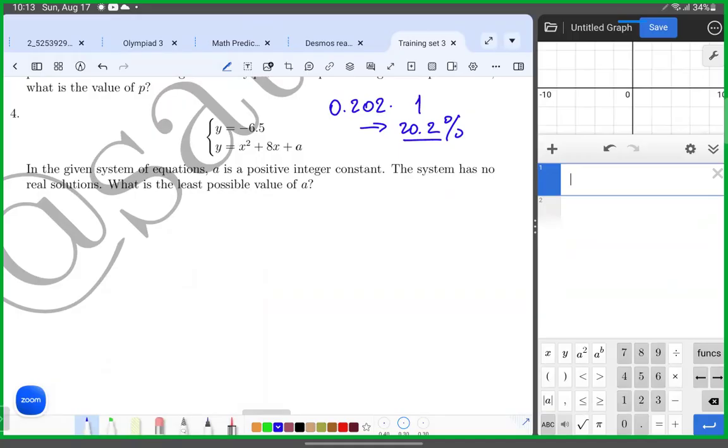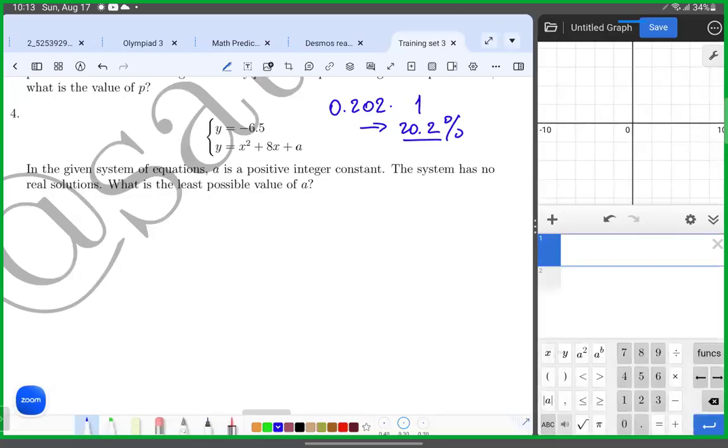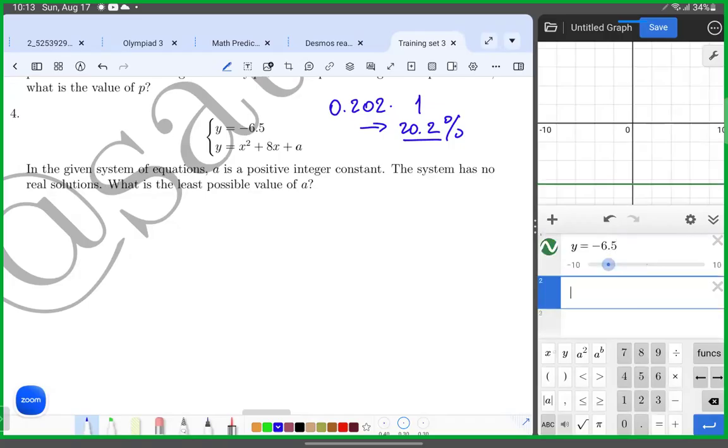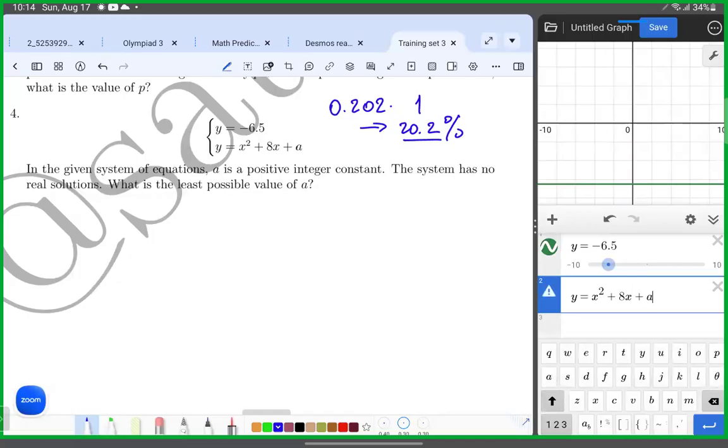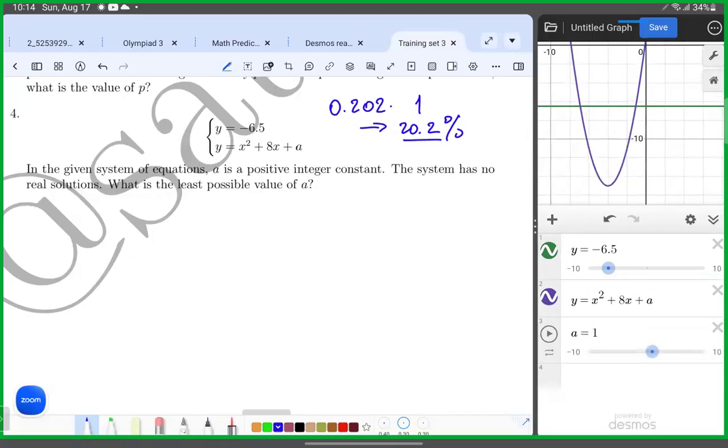Guys, we need no real solution. We have y equals this one, and another function, y equals x squared plus 8x plus a. We can add a slider, and we need to find the least possible value of a for no solution.